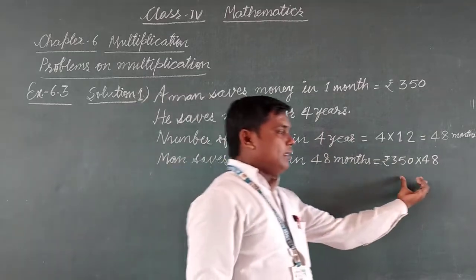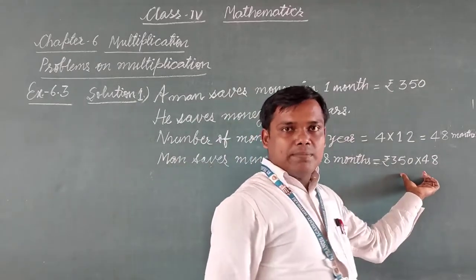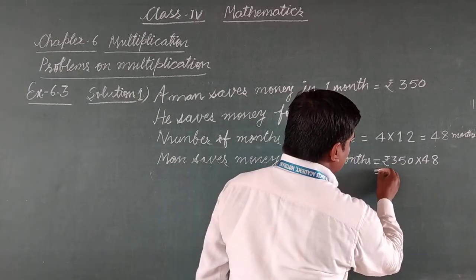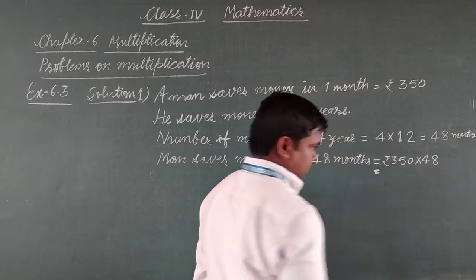When you multiply 48 by 350, you will get the money saved by the man in 4 years.